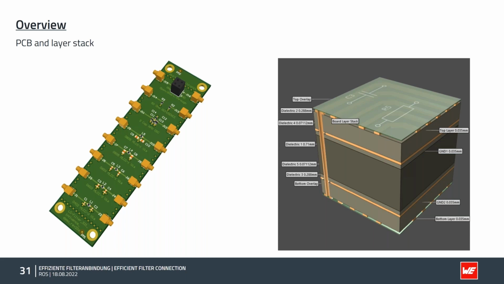We have on the board the possibility to compensate the measurement equipment and to calibrate directly at the connectors on the board. Then we compare some different schematics, like a pi filter in several constellations, as you can see in the middle.